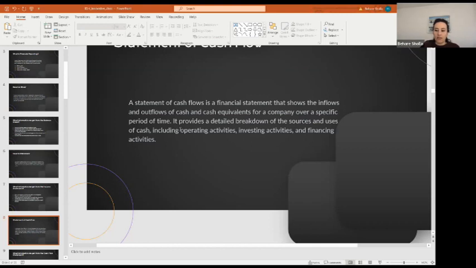So these are daily operational activities of the business. And then we have investing activities, which are like buying new machinery for production, or investing in lands.